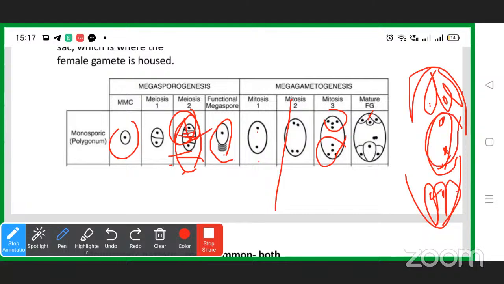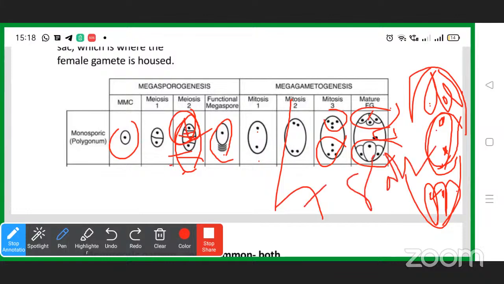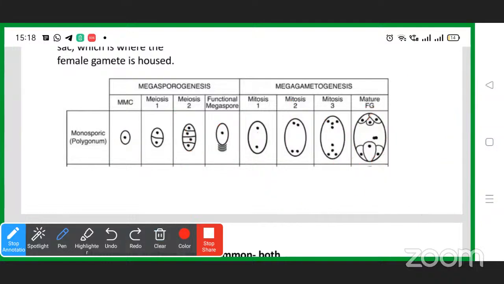So here you see 3, 3, and 1, that is 7 cells, and 8 nuclei. A 7-celled, 8-nucleate embryo sac forms in the monosporic type. It is the primitive type, and the common type of embryo sac is called the polygonum type. That also we have discussed.